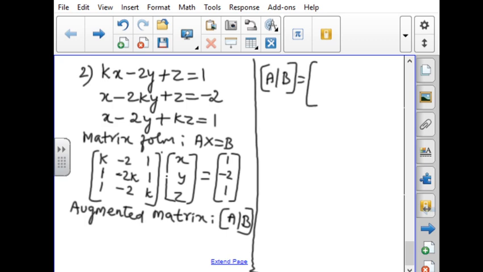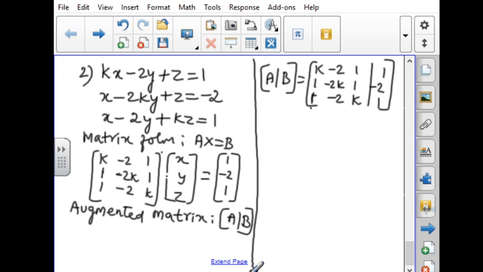So we have k, minus 2, 1, 1. Next line is 1, minus 2k, 1, minus 2. Next line 1, minus 2, k, 1. Now the first element is k, and we need to change this k. It is easier for us to go with row 3, because row 2 we can keep as it is.